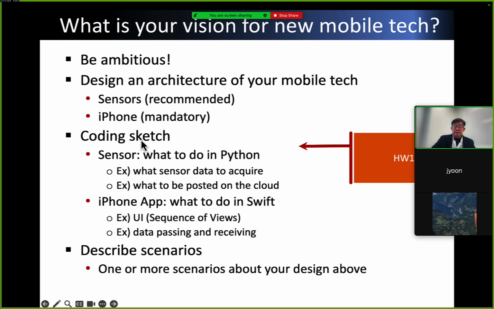Coding sketches, that needs to be the outcome. This is what you need to submit for homework assignment 1. For example, UIs, what you want to display on your smartphones. A sequence of views needs to be drawn.